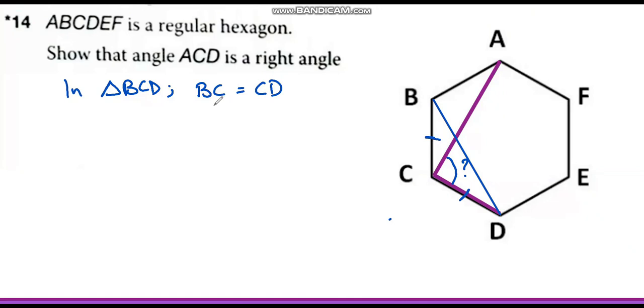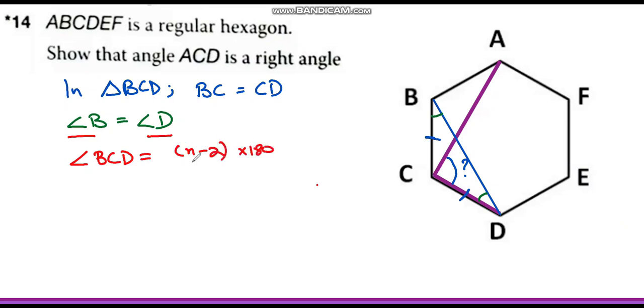And in an isosceles triangle, the base angles will be equal in size. This angle at D will be equal to the angle at B. So we can also write that angles B and D will be equal in size. To calculate the size of angles B and D in triangle BCD, we know that angle BCD is basically the interior angle of the regular hexagon. The size of each interior angle in a regular hexagon will be equal, and it can be found by using the formula (n minus 2) times 180 divided by n.